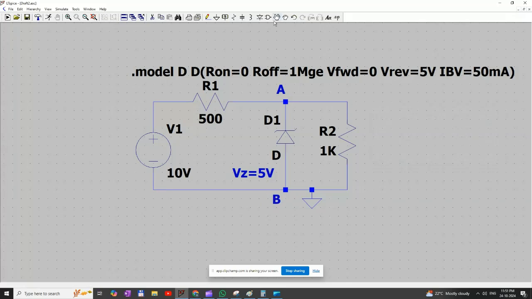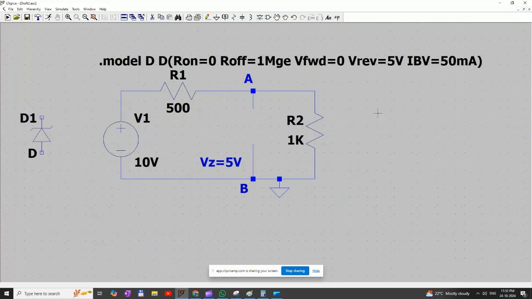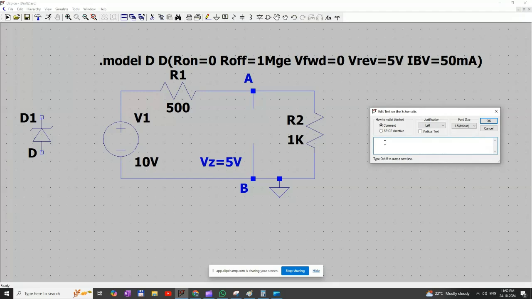Let us remove this Zener diode from node A, and for that we need to find the Thevenin's voltage across node A and node B. As we know, Thevenin's voltage VTH is equal to Vs into RL, here R2, divided by R1 plus R2.